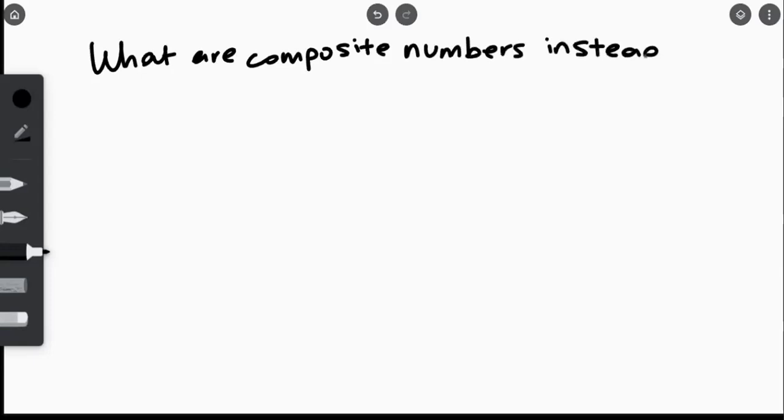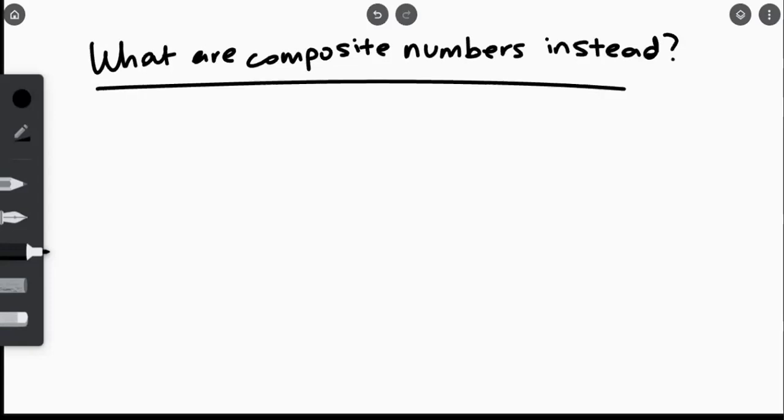So what are composite numbers instead? Okay, sorry, wait for a bit.